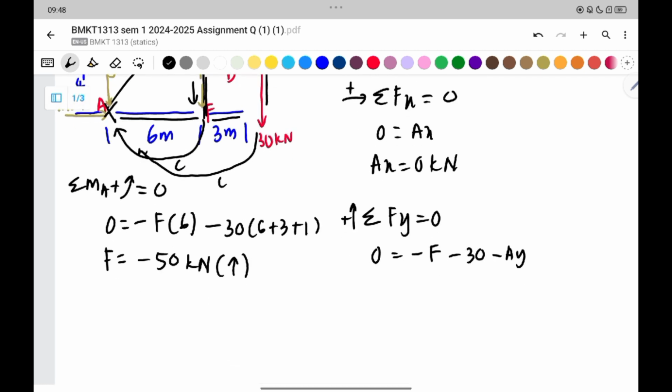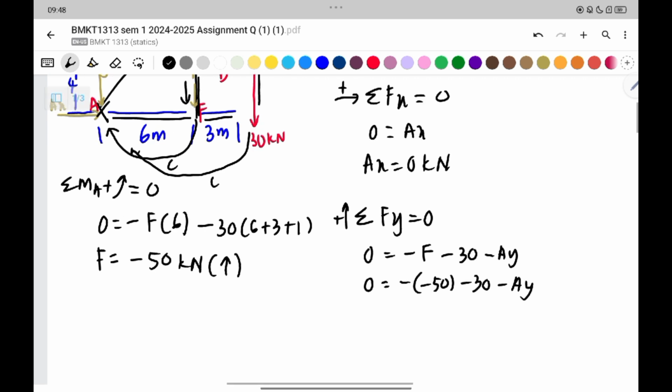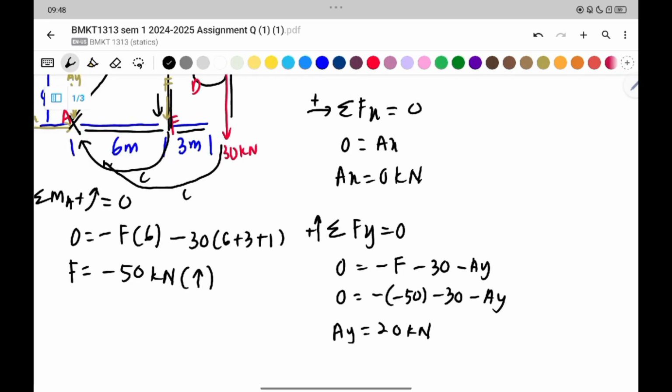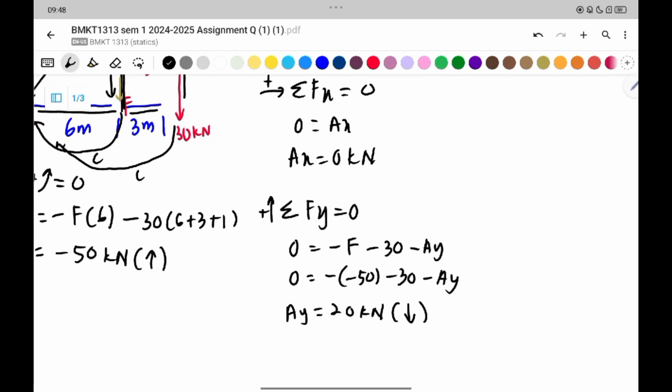We already found the value for F, so we can just put it inside: negative 15 minus 30 minus AY. AY equals negative 15 minus negative 30, which is 20 kilonewton. The value we got here is positive, thus it is true that AY is acting downward.